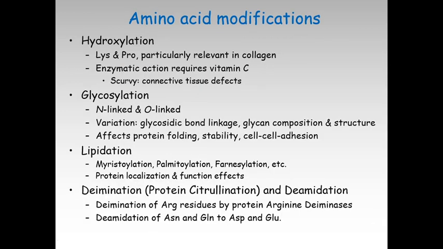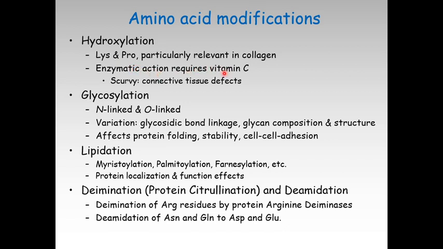In addition to these 3 amino acid modifications that I just talked about, there are many other amino acid modifications that take place in the cell. Some other examples are hydroxylation, where lysine and proline residues, particularly relevant in collagen, get hydroxylated.